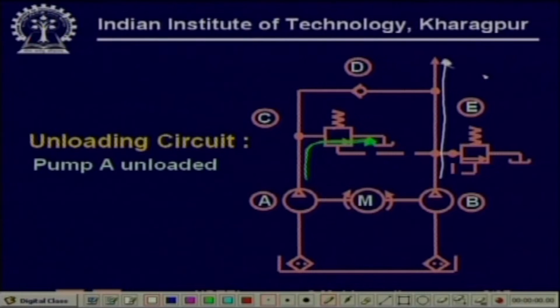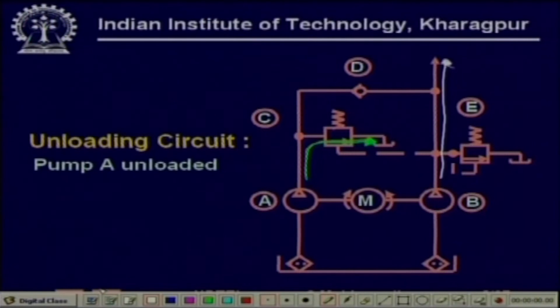So, you see that we can unload a pump when the pressure requirement goes up to keep the power requirement down. So, that if suddenly we put a very heavy load, it will still be moved, but it will be moved slowly. This is our first example.